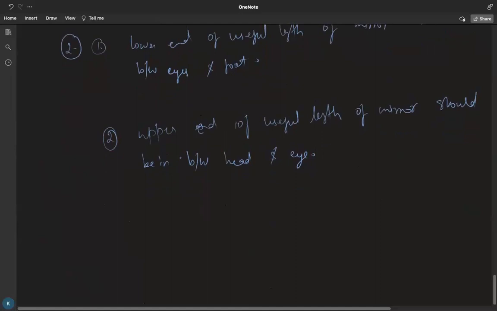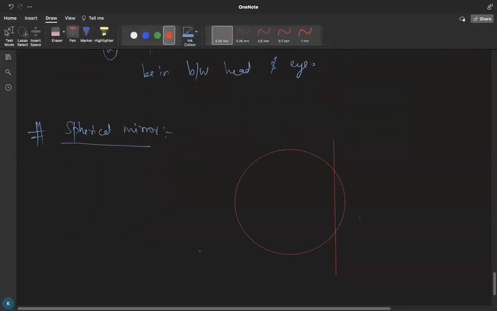So, a spherical mirror. Let me show you what I'm trying to say.